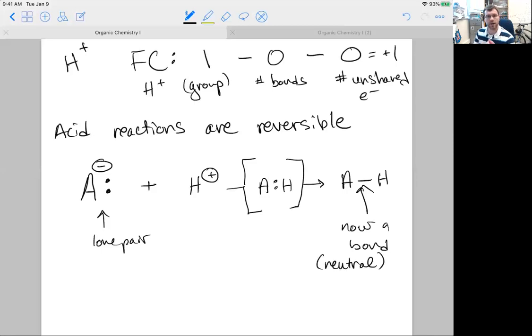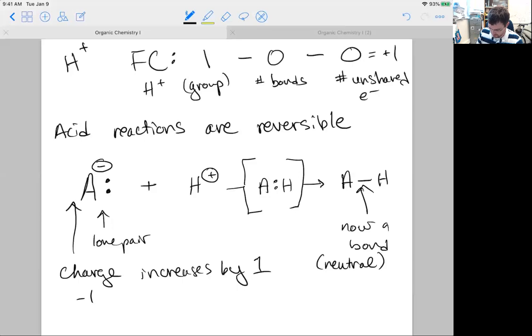What we saw in the case of NH3 reacting with H plus is that the nitrogen charge went from 0 to +1. Anytime something reacts, I get to use that word now, it's kind of fun, reacts with H plus, its overall charge and its formal charge in the atom both increase by 1. So charge increases by 1.